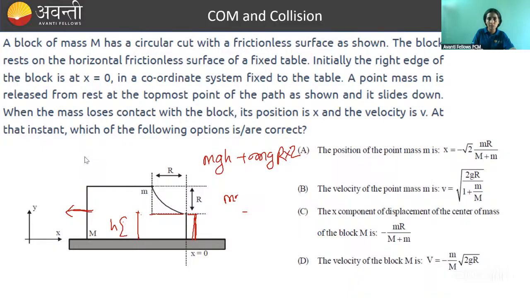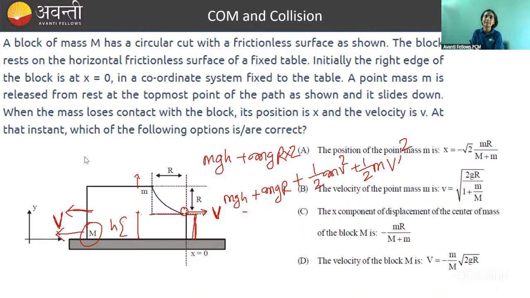So again Mgh will cancel, no need to write it. Plus final potential energy of small m, how much will it be, mgr, and what will be the kinetic energy of both the masses. So let's say the velocity of mass m in this direction is v which is given already, and for capital M take v dash, so add half m v squared plus half M v dash squared.